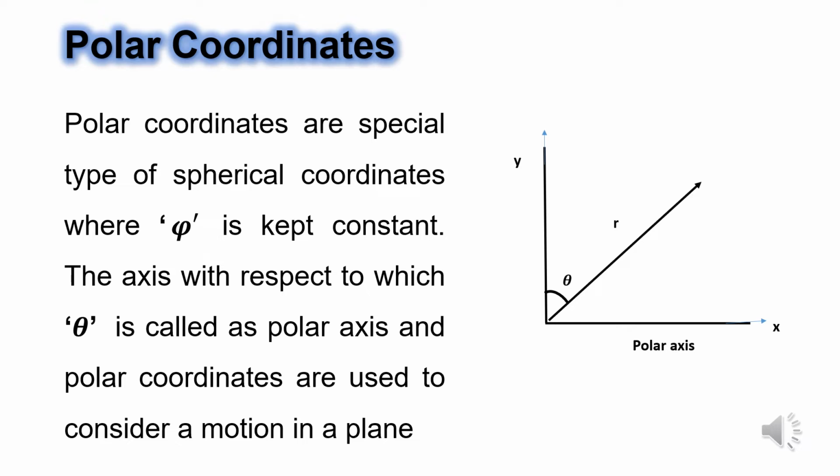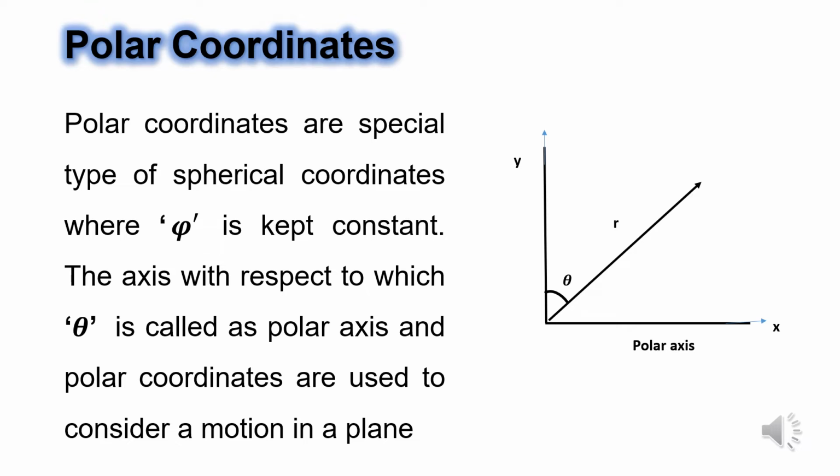The polar coordinates are special types of spherical coordinates where phi is kept constant, a constant angle.